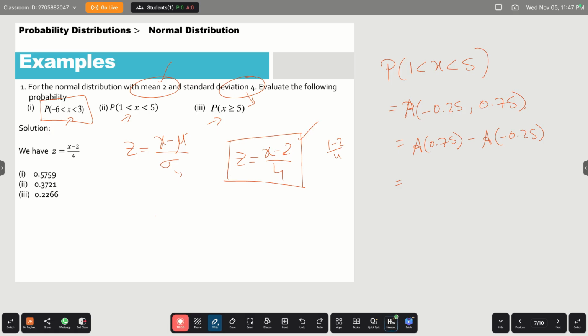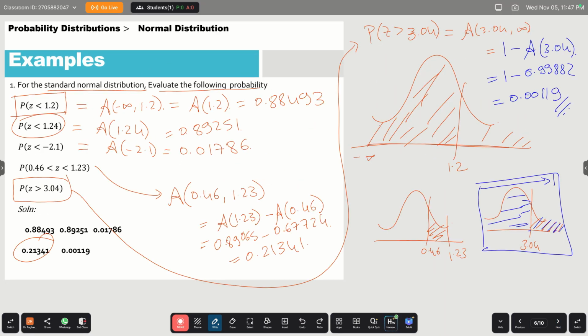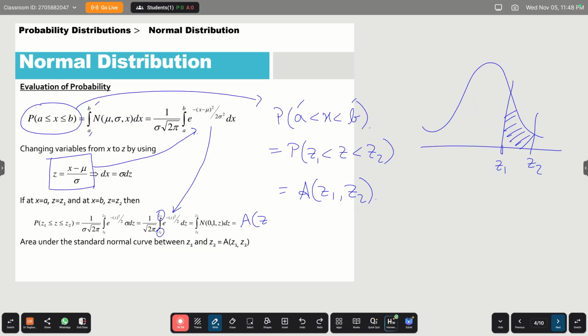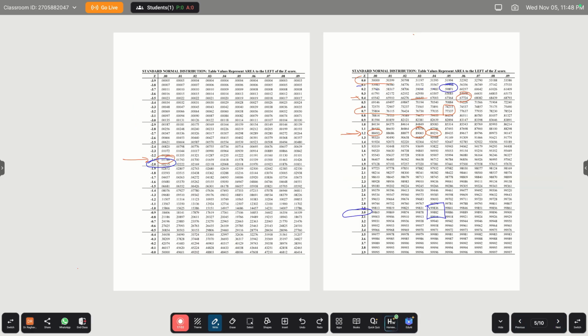You can check the table: the area of 0.75 is 0.77737, and the area of -0.25 is 0.40129.